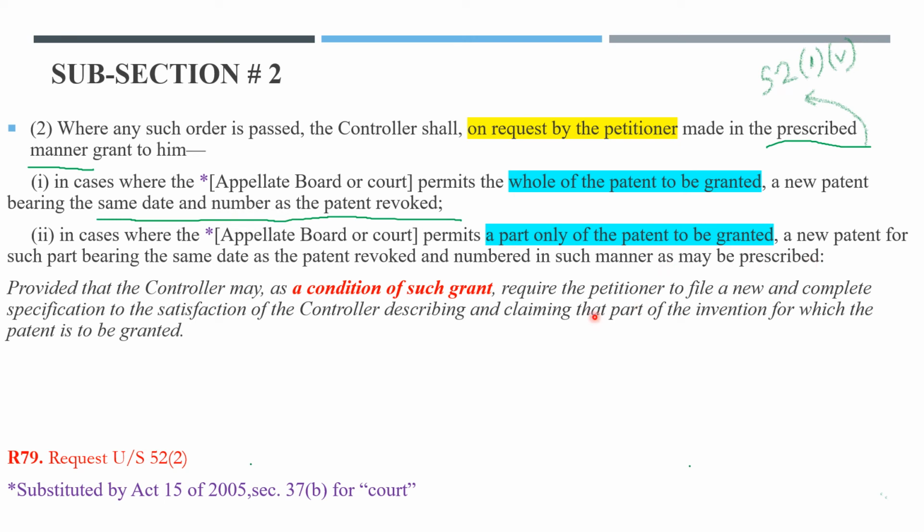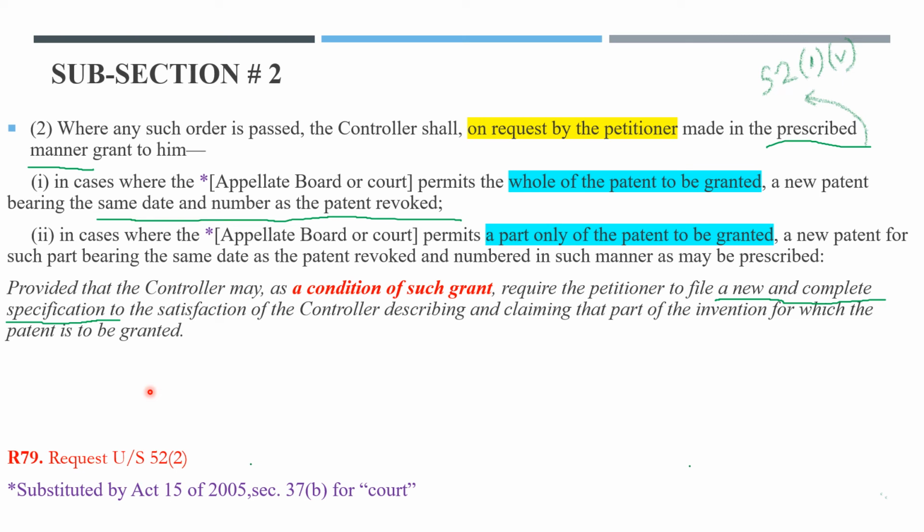And here there is a condition, provided that the controller may, as a condition of such grant, require the petitioner to file a new and complete specification. Just observe: to the satisfaction of the controller describing and claiming that part of the invention for which the patent is to be granted. I hope it is pretty much clear now.